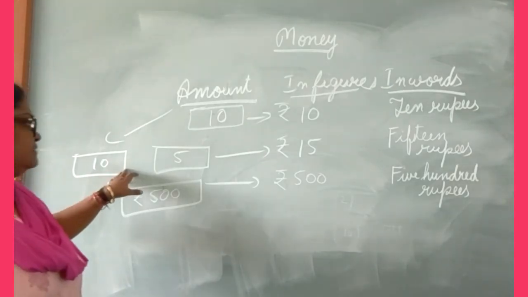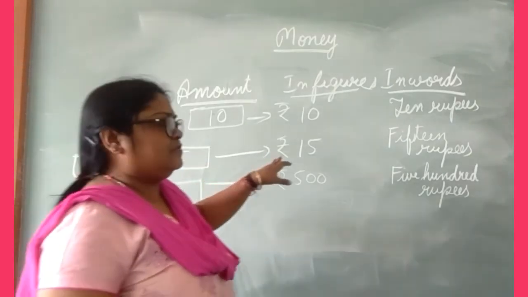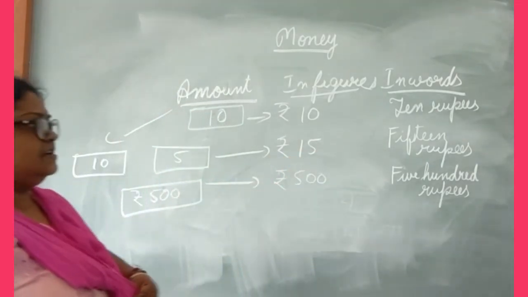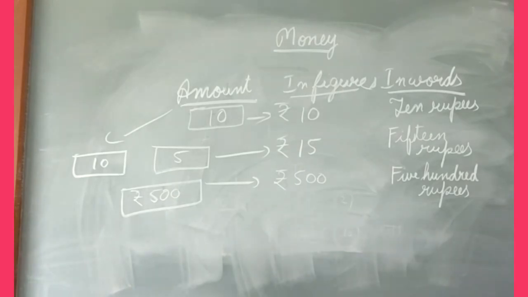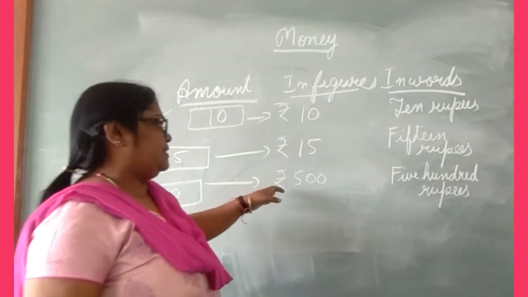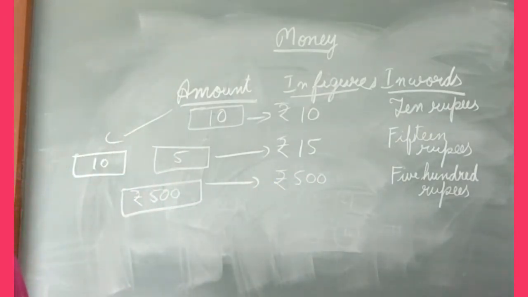If it is given 10 plus 5, in figure you can write rupees 15, and in words 15 rupees. If it is given 500, you can write rupees 500, and in words 500 rupees.